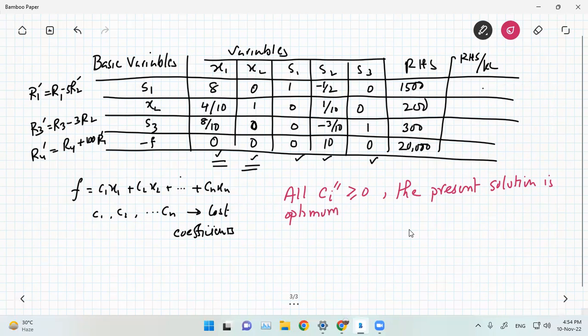Optimum values can be given as x2 equal to 200, and x1 value is not available, so we can say that x1 value will be 0, and the minimum value f minimum will be minus 20,000. Actually, minus f equal to 20,000. So this is what we are going to get.